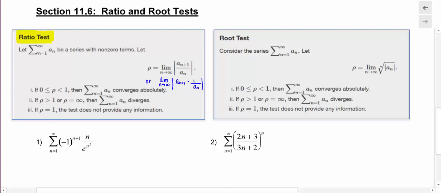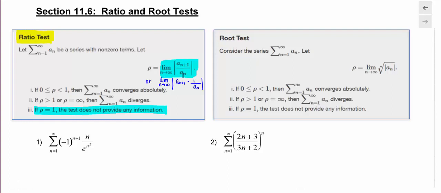One thing to note is that if our ratio test provides a limit equal to 1, because we're going to be identifying the limit of the next term over the current term as n approaches infinity, so we're looking at that ratio, next term to current term, and that does not provide any information, that does not mean that it proves anything.